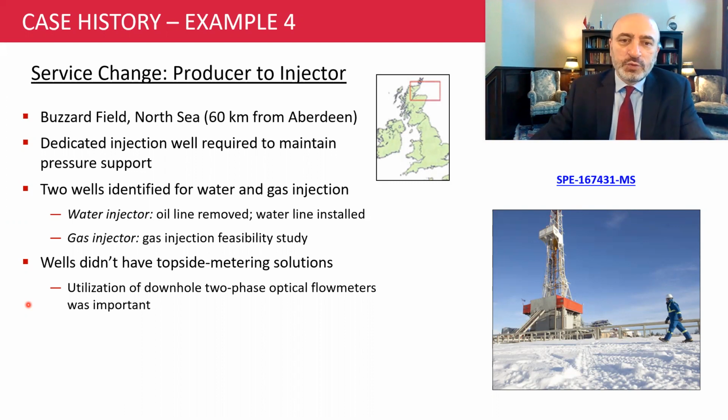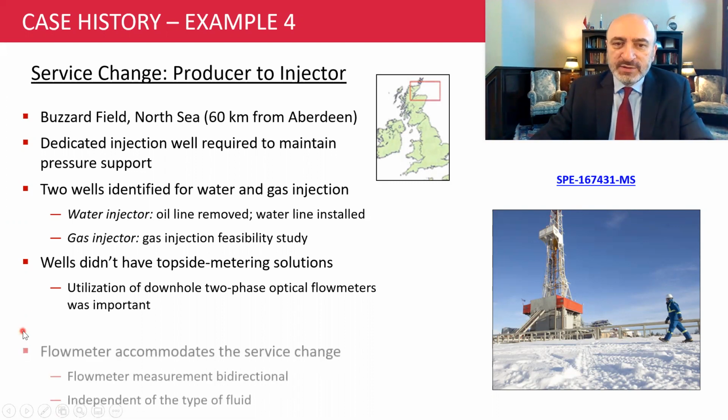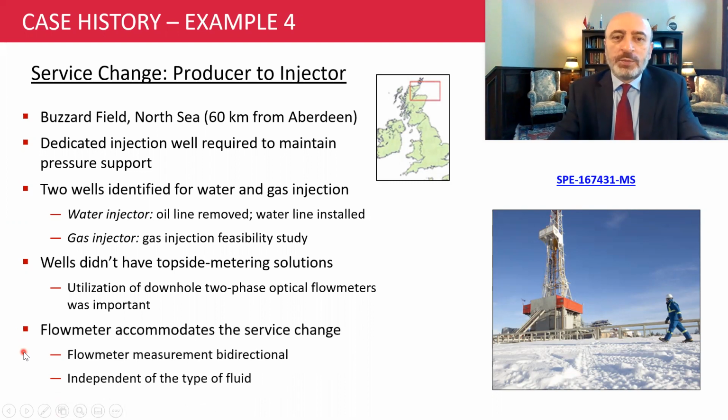The answers to both questions were yes, because the optical flow meter measurement is a bidirectional measurement, and the flow meter will measure the flow with the same accuracy regardless of the direction of the flow.